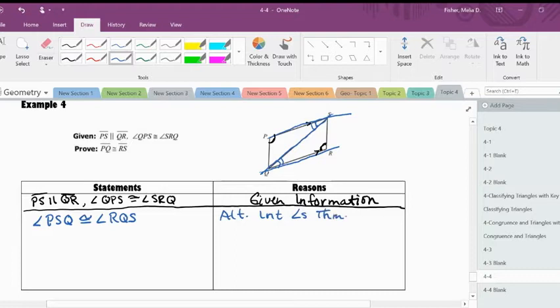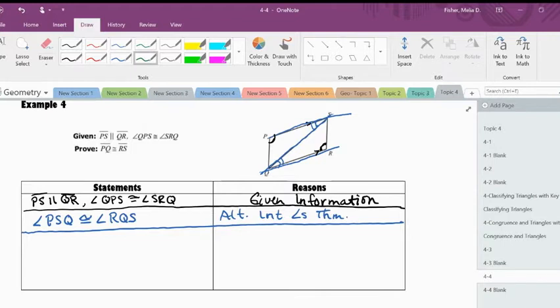So we have the alternate interior angles theorem. We also see that QS will be congruent to QS because of the reflexive property.